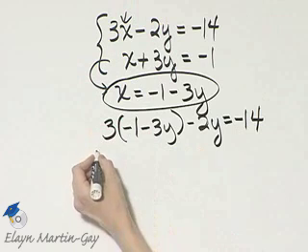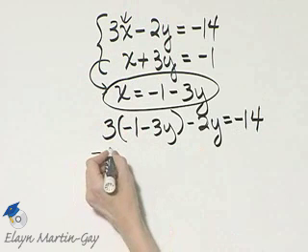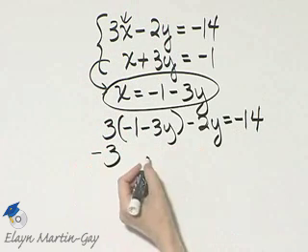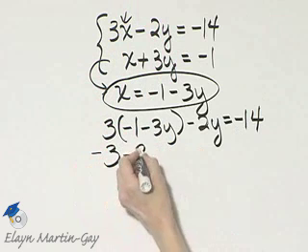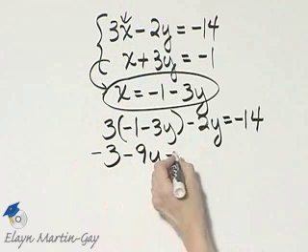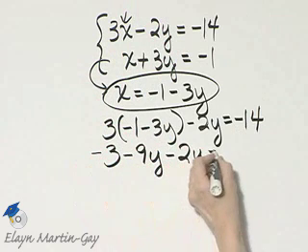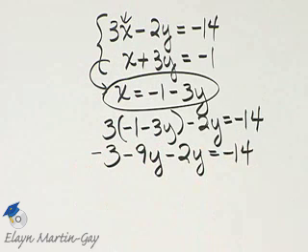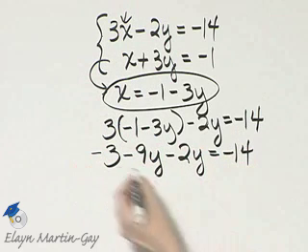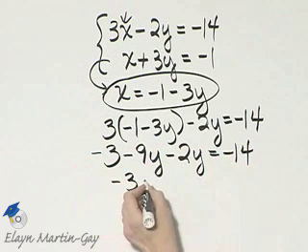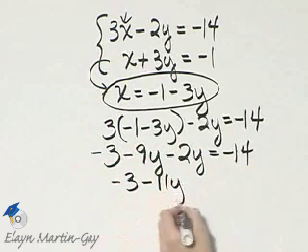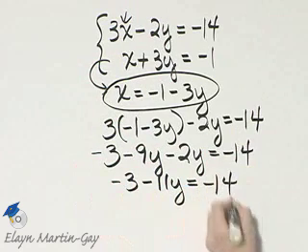We'll use the distributive property, that's -3, and then 3 times -3y, that's minus 9y, minus 2y is equal to -14. We have a few like terms here. I have -3 minus 11y is equal to -14.